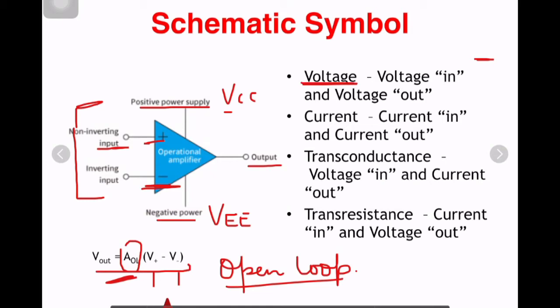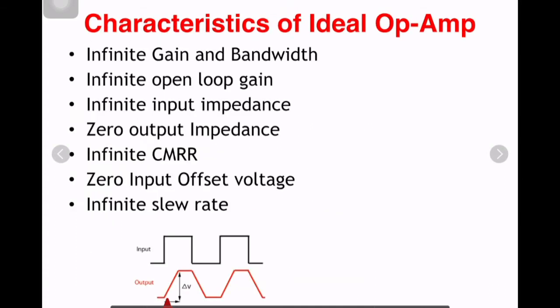In voltage mode, it is voltage in and voltage out. In current mode, it is current in and current out. In transconductance mode, it is voltage in and current out. In transresistive mode, it is current in and voltage out.